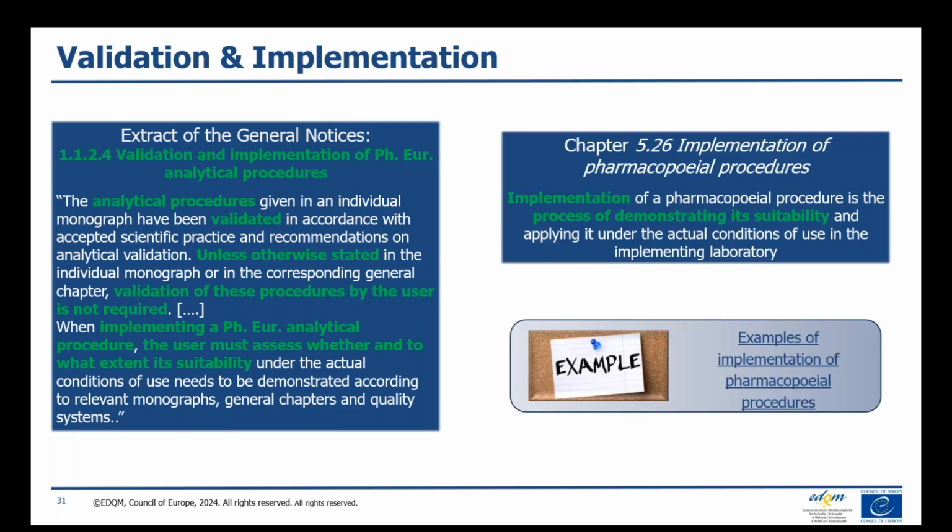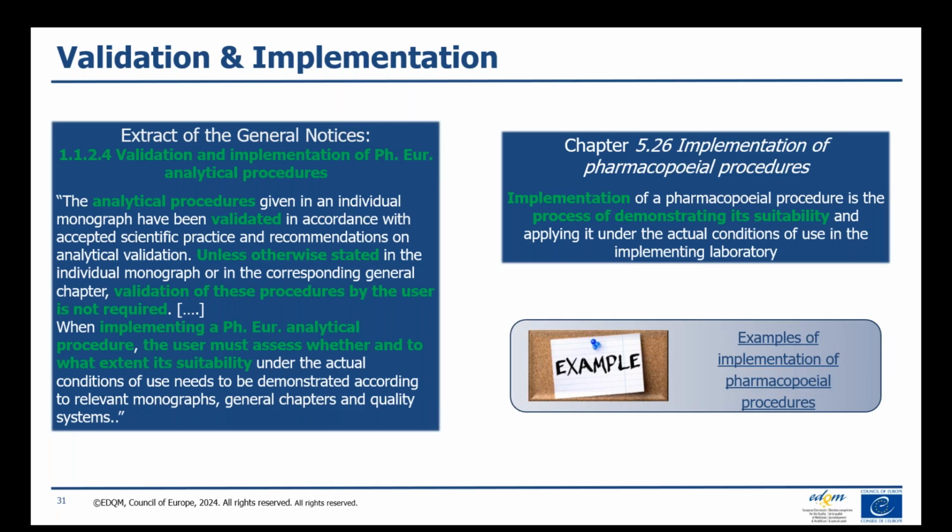This is written in the general notices: the user must assess whether and to what extent the method is suitable under the actual conditions of use in the implementing laboratory.